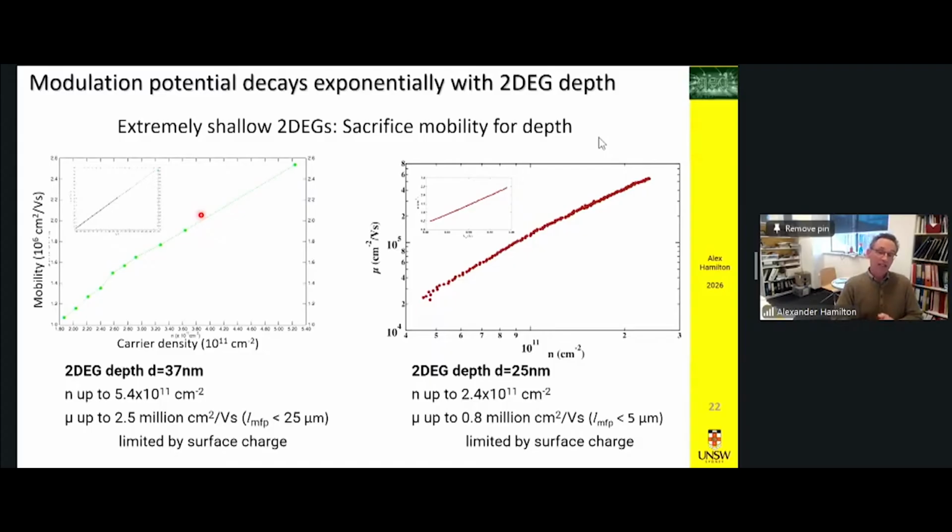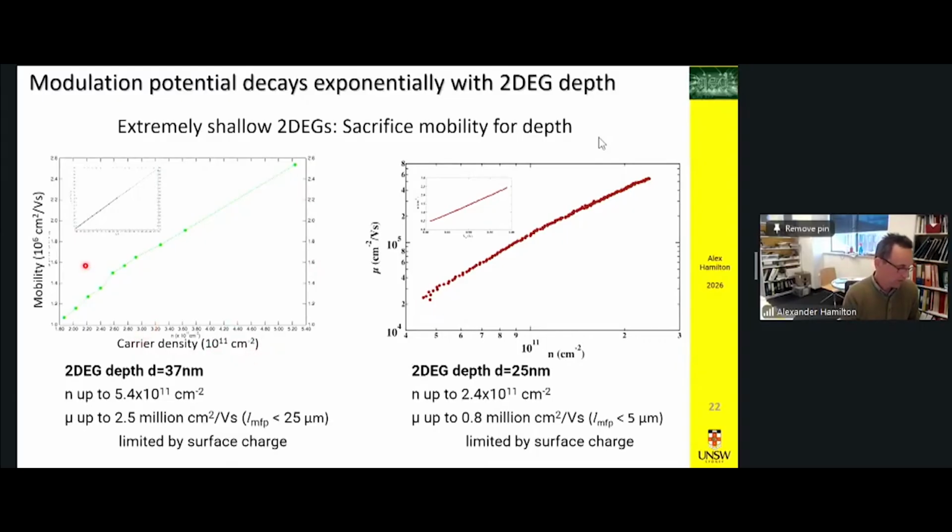To get very low disorder, we've spent quite some time optimizing the crystal growth along with our colleagues in Cambridge, Bochum, and Switzerland. What this is a plot of is the mobility as a function of carrier density for 2 different gallium arsenide wafers at different depths from the surface.